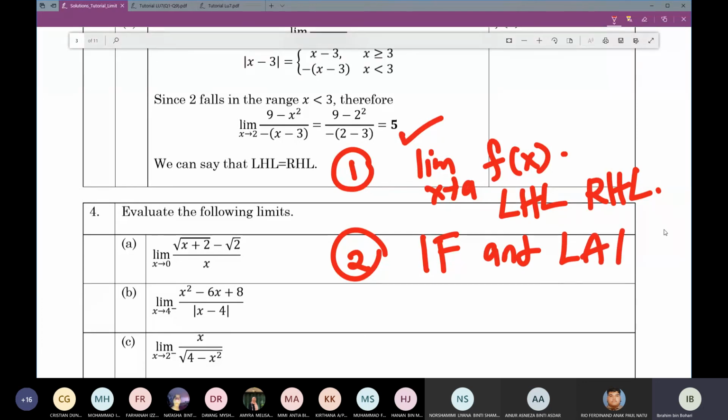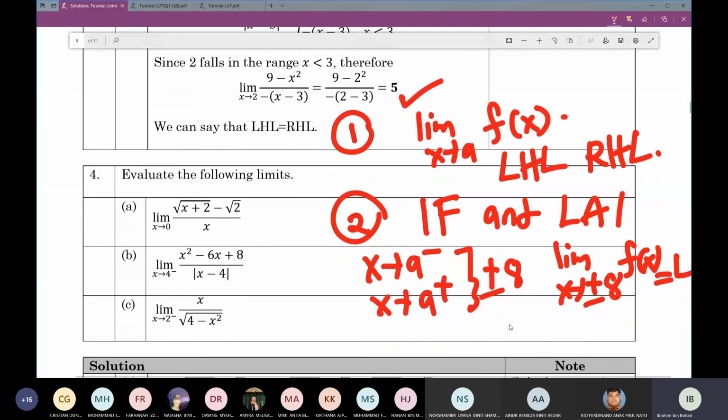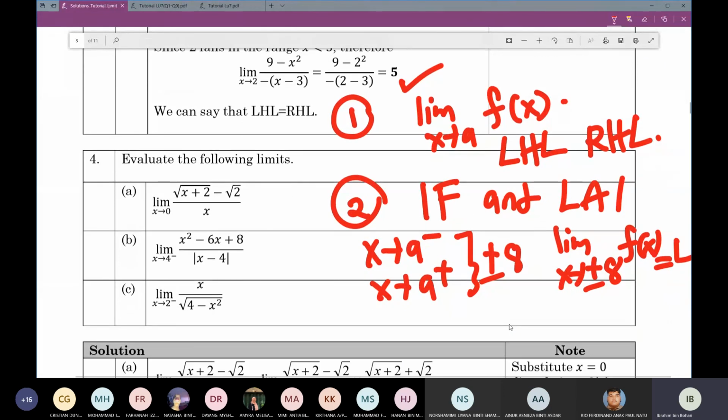Here, infinite limit as x approaches a from the left and from the right, and you check the sign of the infinity, positive or negative infinity, and the limits at infinity, x approaches positive or negative infinity of f(x), and then you check the answer here.